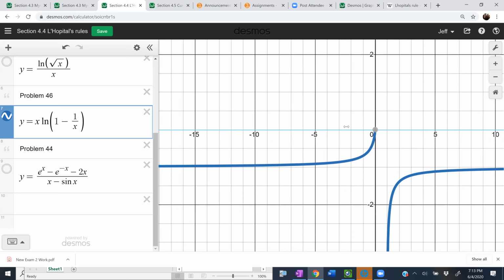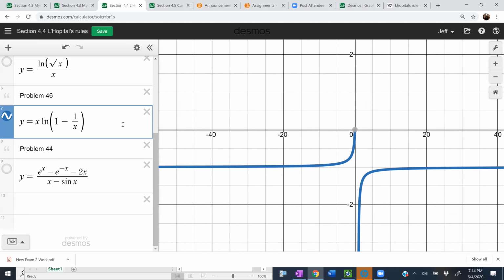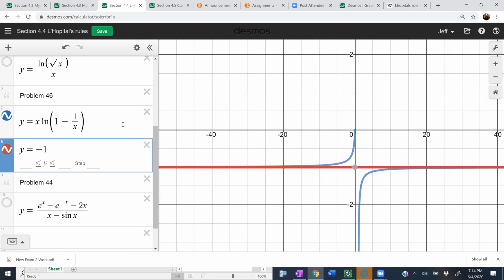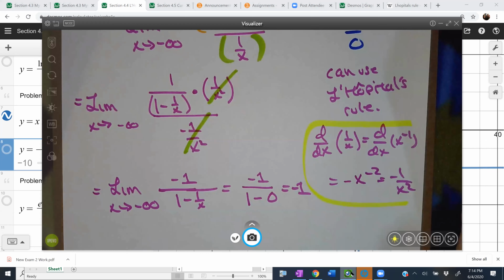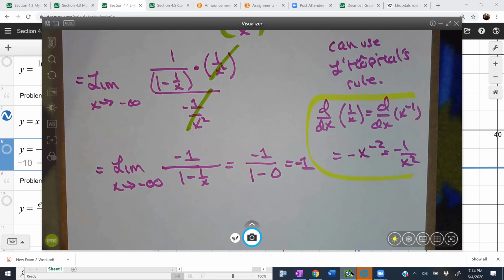Let me zoom out this way. If you wanted to, you could add in the line y equals negative 1 to your graph and see that this is getting indeed very, very close to that limit of negative 1. Beautiful. It's nice to see that what we're seeing graphically matches what we did with our calculations. Without ever having looked at the graph, we ended up with negative 1.